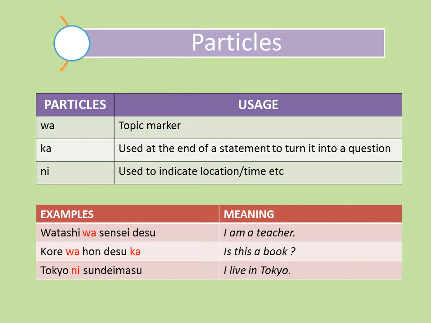Second one is kore wa hon desu ka? So again we have two particles here, wa and ka. Wa here is telling us about the topic, which is kore, means this, and the ka is turning the sentence kore wa hon desu into a question with a rising intonation.